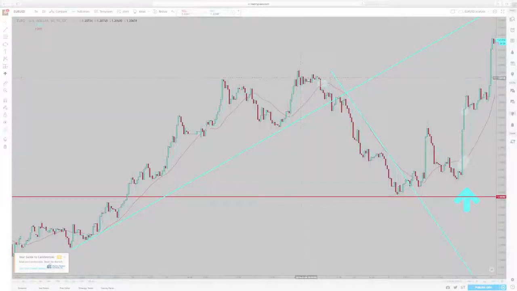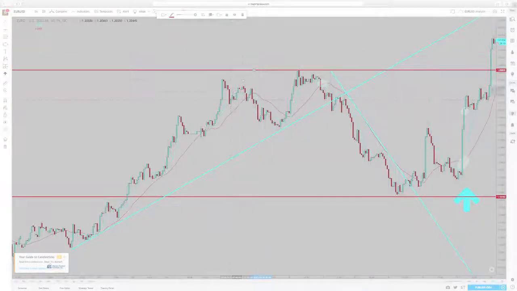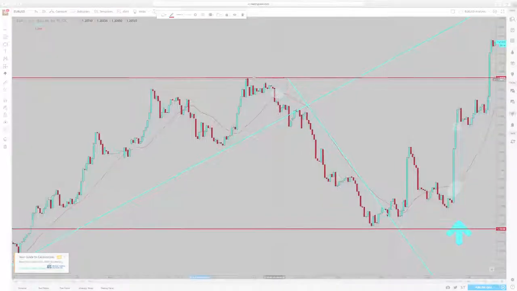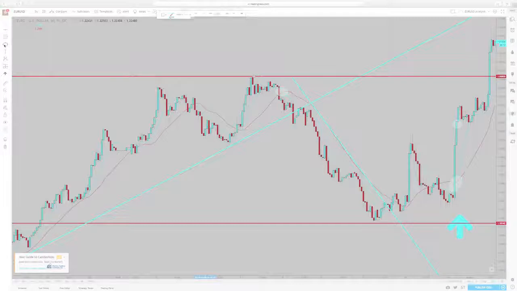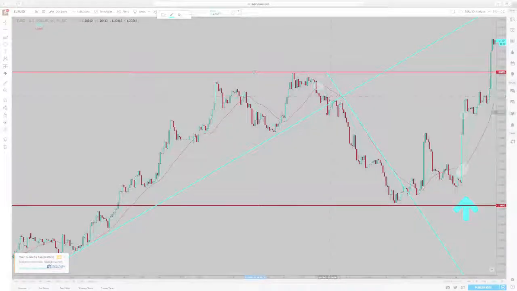So if we followed this market, and let's say we had some type of resistance line right here, and we want to sell, but we want multiple confirmations to sell. It broke this trend line right here.